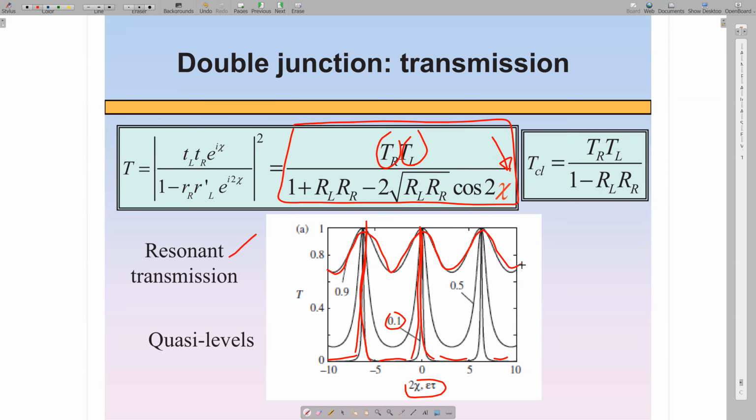But what is important is that this interference actually results in a very high transmission, even if the constituents were not transparent. They could have very low probability to get through. Nevertheless, the resulting structure by magic is very transmittive. All right.